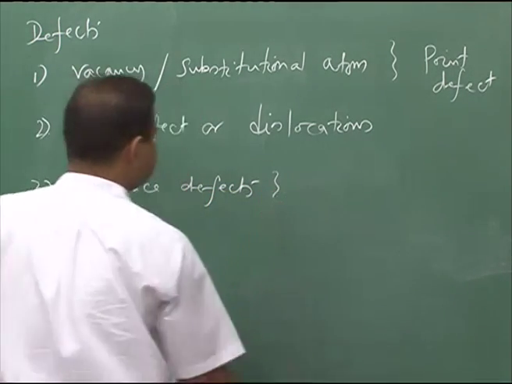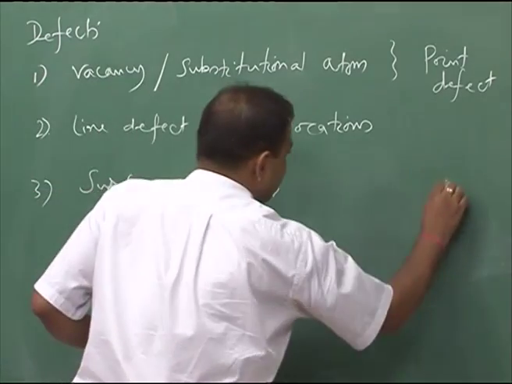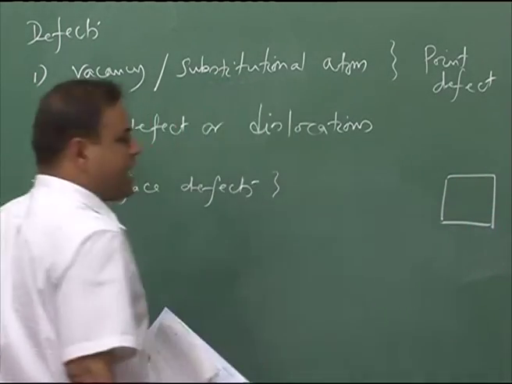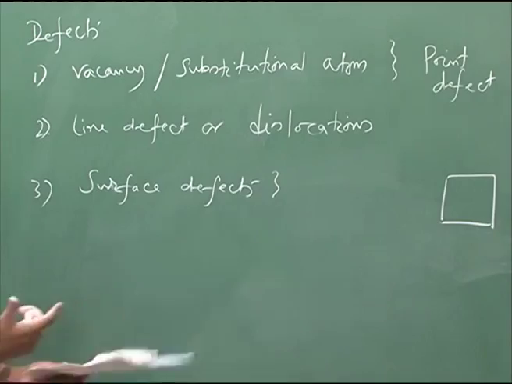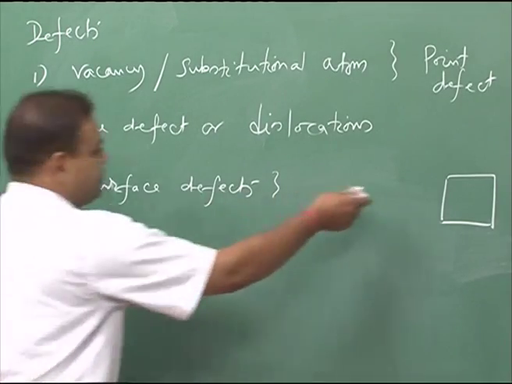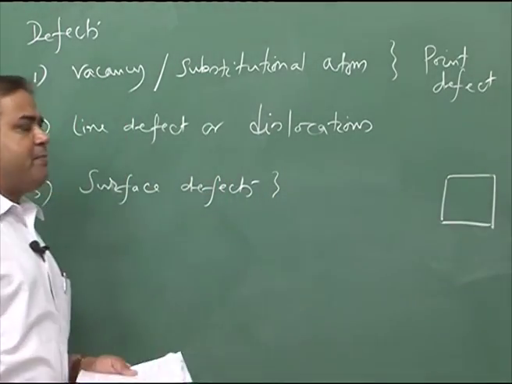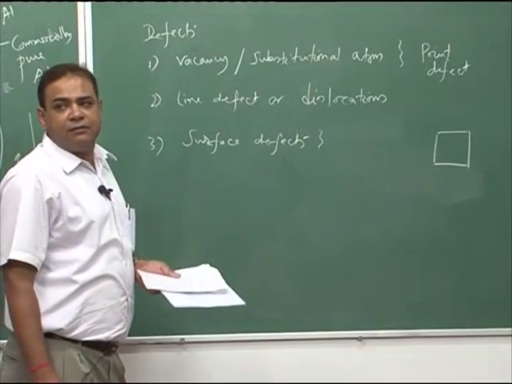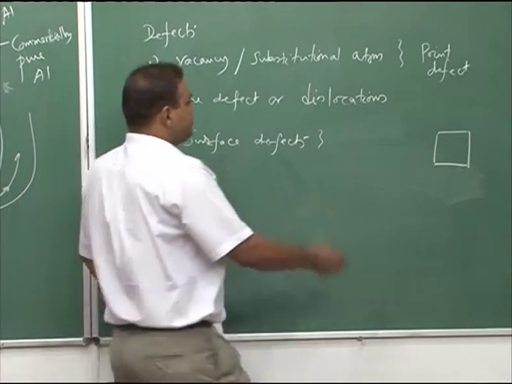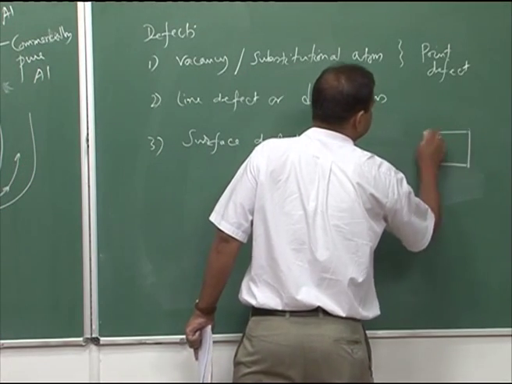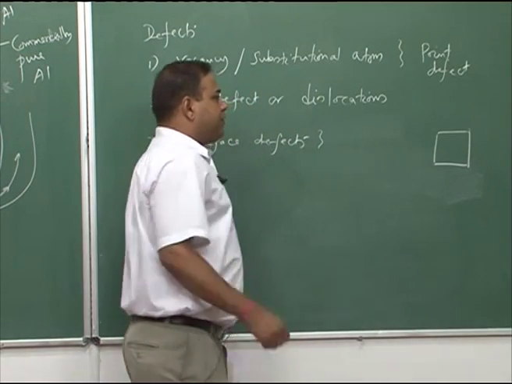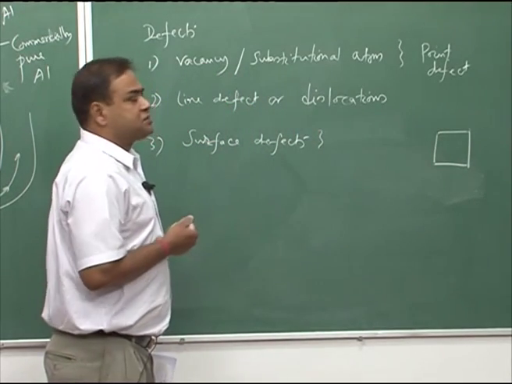and the surface defects, one is any surface of a metal or alloys is a defect, because at that surface the metal bonds are broken, and the broken metal bonds are contributing a positive energy.